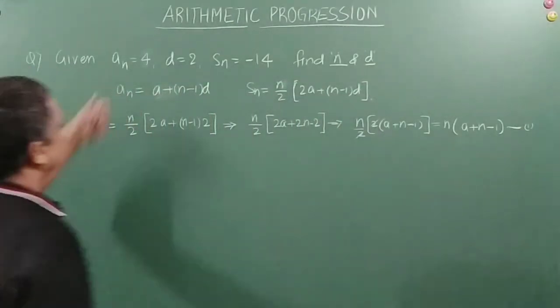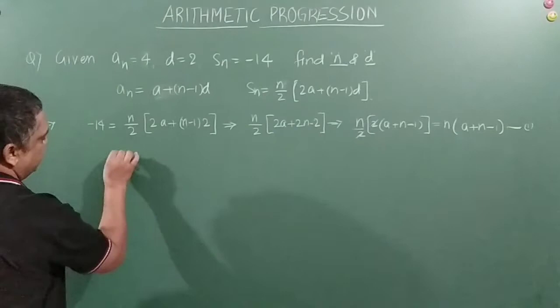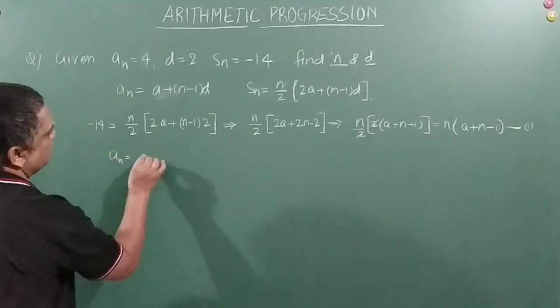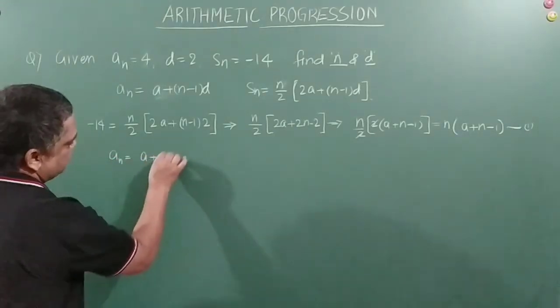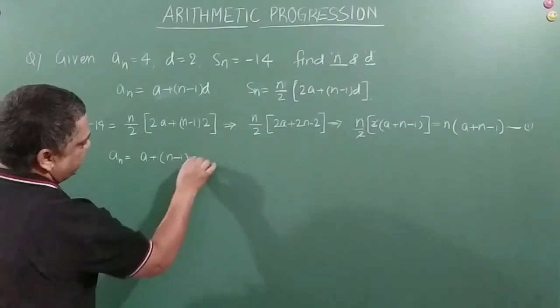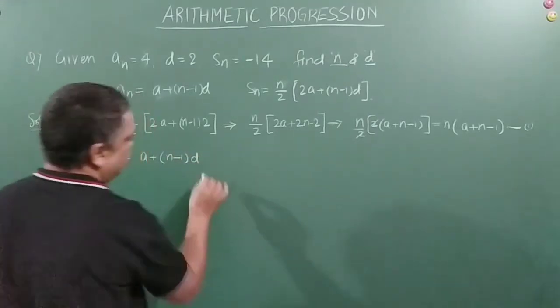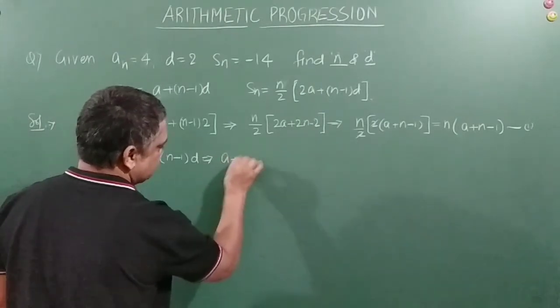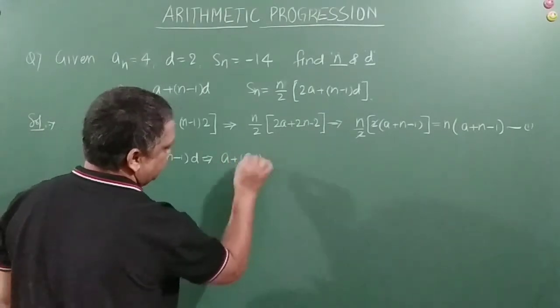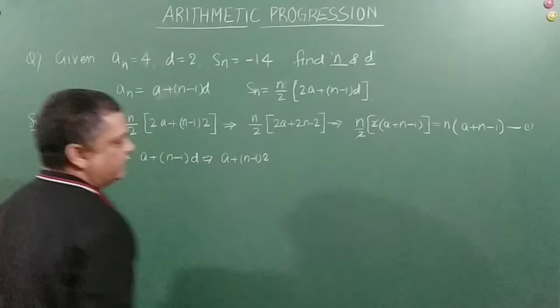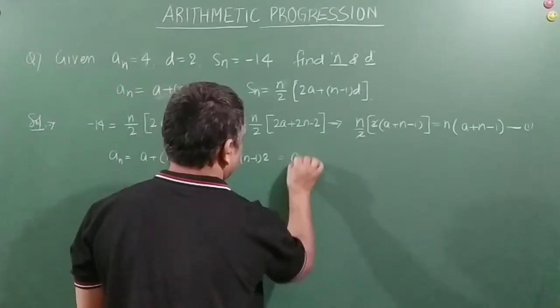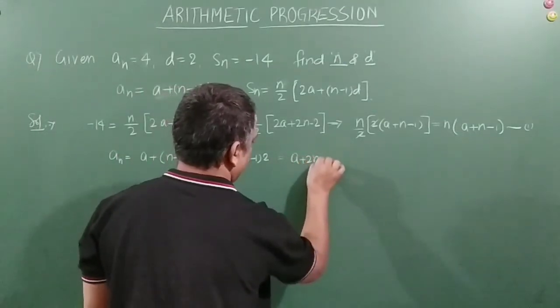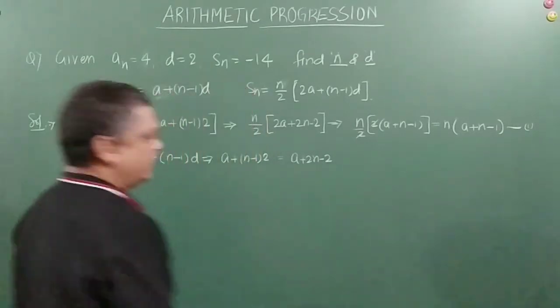Now coming to this, an = a + (n - 1)d, which is also equal to a + (n - 1) times 2, since d is again 2. So which is a + 2n - 2, right, friends?